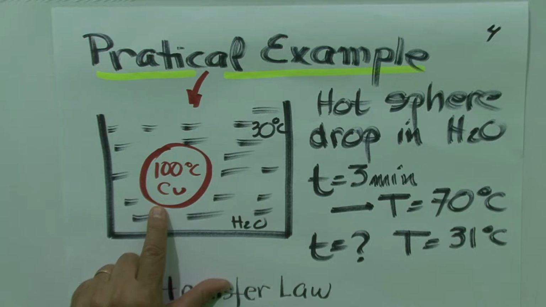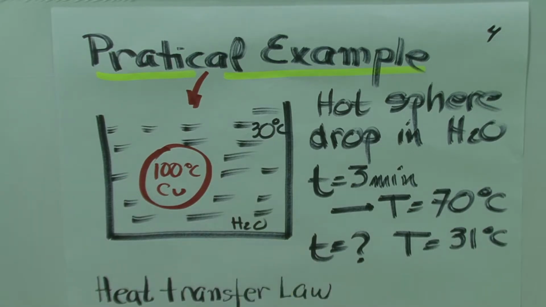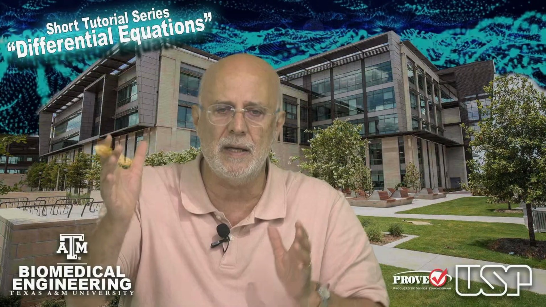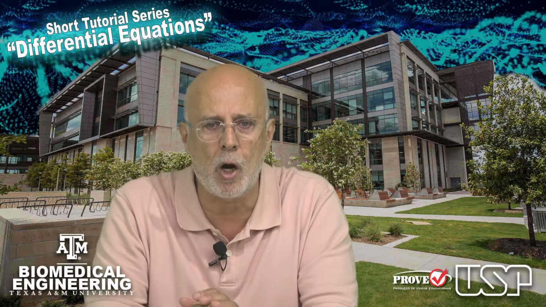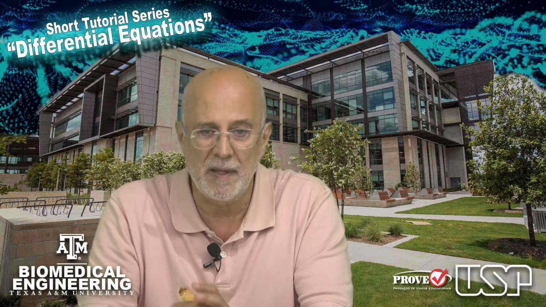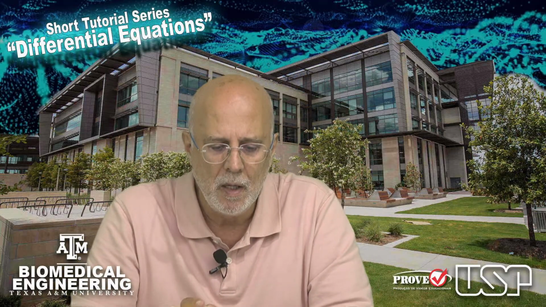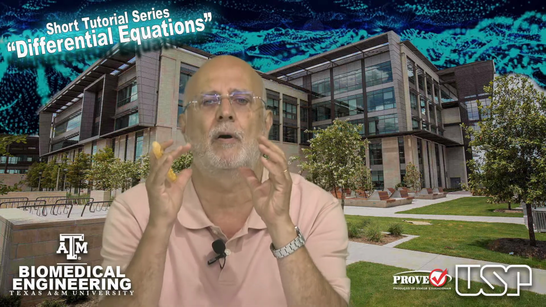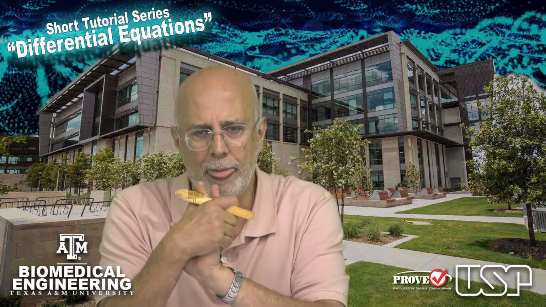Because copper is a nice metal that conducts heat very well, so it's always going to be at some uniform temperature. It's very hard to produce gradients of temperature within a small copper object, because it transfers heat very fast. And I take this sphere of copper, and I heat it up to 100 degrees C.